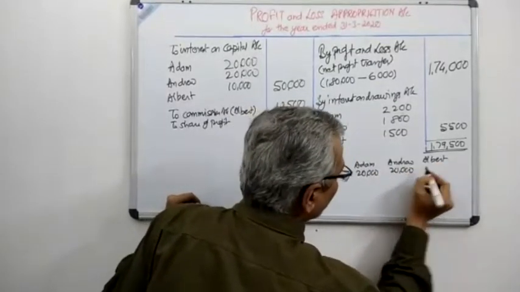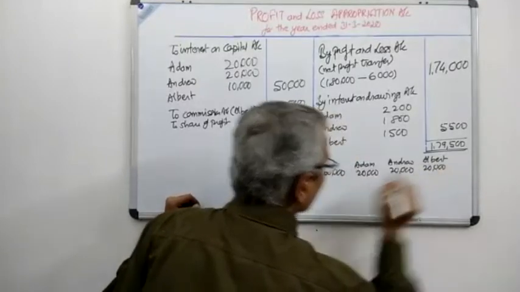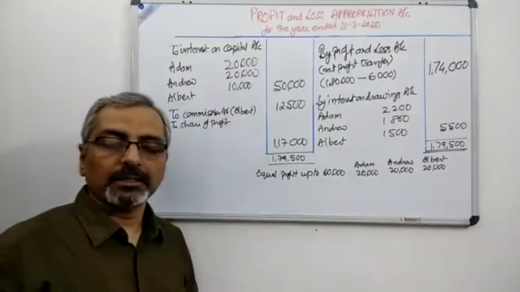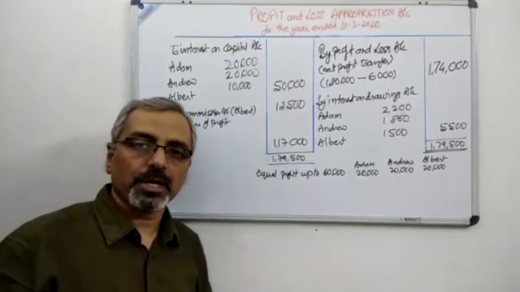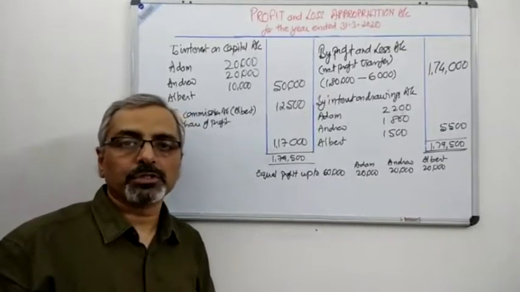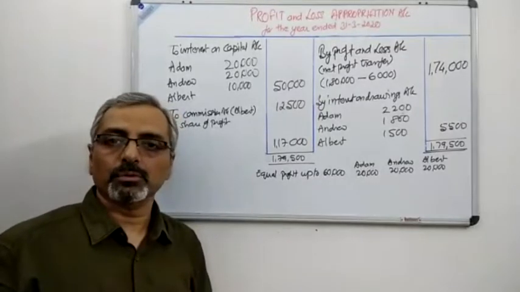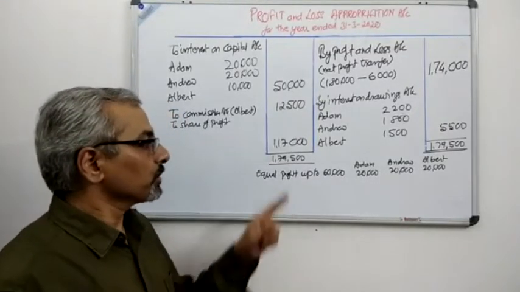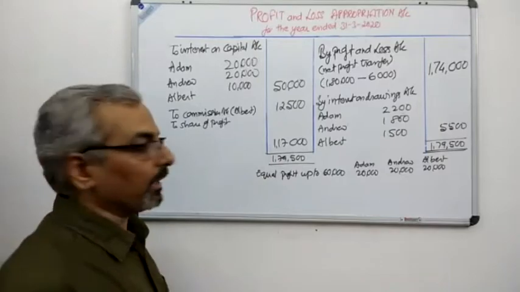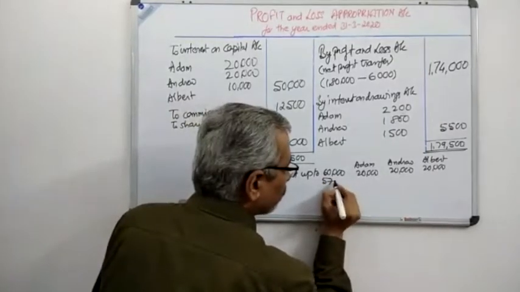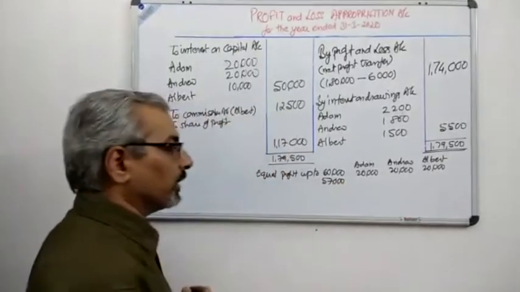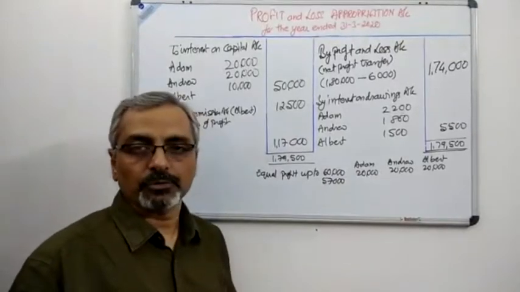20,000, 20,000 and 20,000. Now after that, the profit will be shared in the ratio of 2:2:1 in excess of 60,000. So if you see the excess over here, the excess is 57,000.